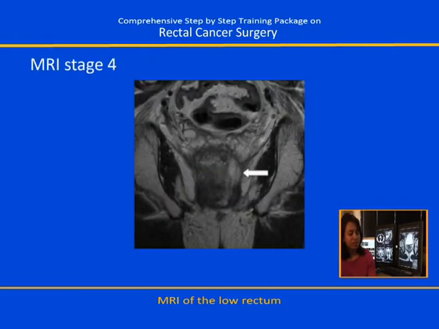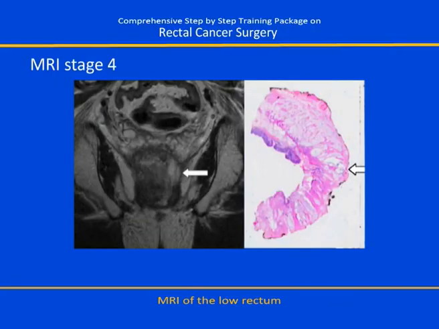So here's an example of a stage 4 tumour where there is disease that's gone into the external sphincter. So clearly here the TME approach would result very certainly in a positive margin, and the only safe approach here would be to attempt the more extended operation, i.e. a laterally extended extralevator abdominoperineal excision.